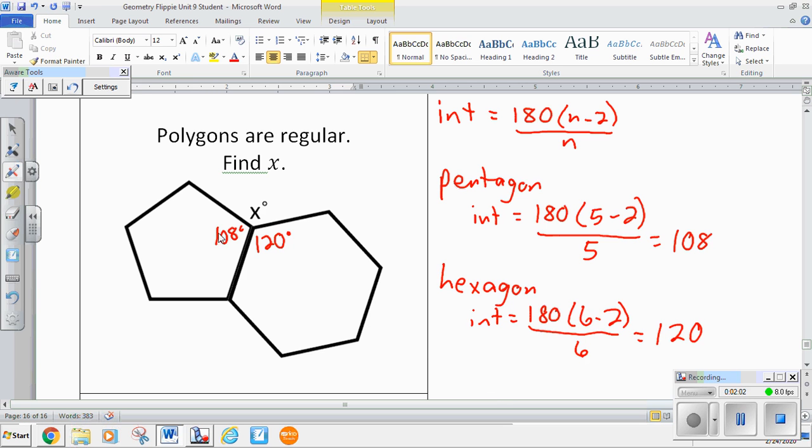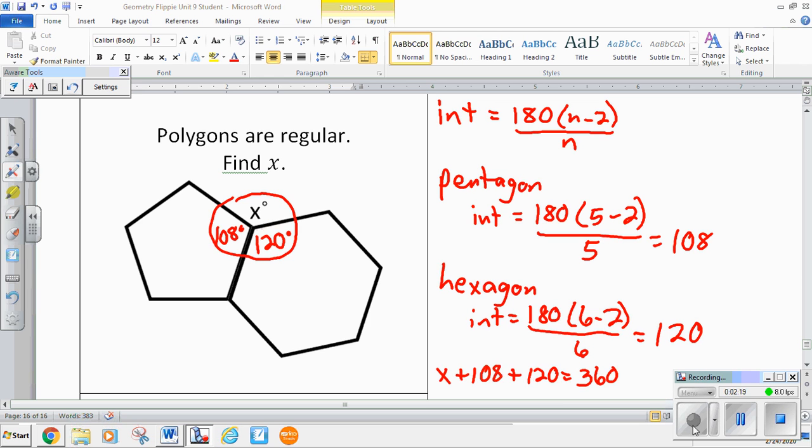Finally, we know that all three of these angles add up to 360. So x plus 108 plus 120 equals 360 degrees. When you subtract 108 and 120 from both sides, x is 132 degrees.